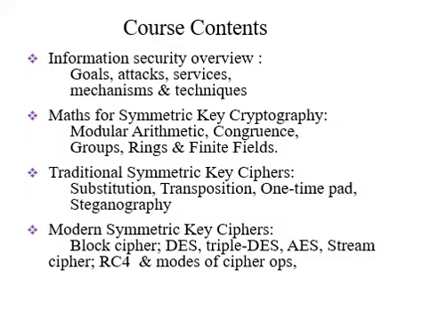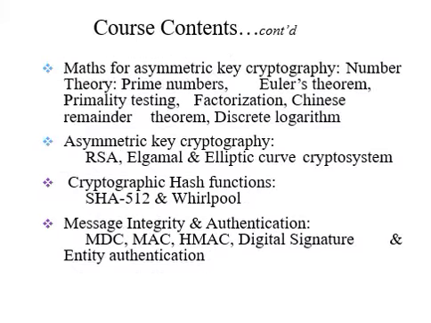The algorithm we will discuss in stream ciphers is RC4, along with modes of cipher operation. Next, we will discuss the mathematics for asymmetric key cryptography, which includes number theory, prime numbers, Euler's theorem, primality testing, factorization, Chinese remainder theorem, and discrete logarithm.